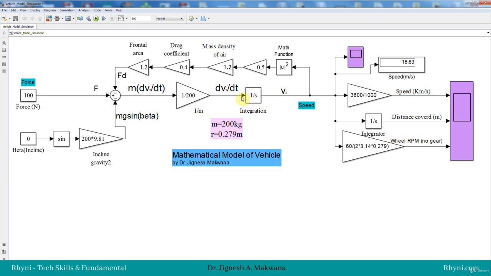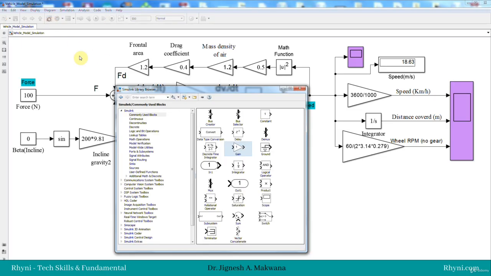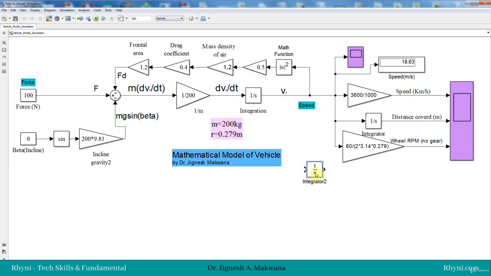Now if we want the integration of dv by dt, the integrator block will be used, which we can also find here. The integrator is used so that at the end, the integrator output will be Vx.